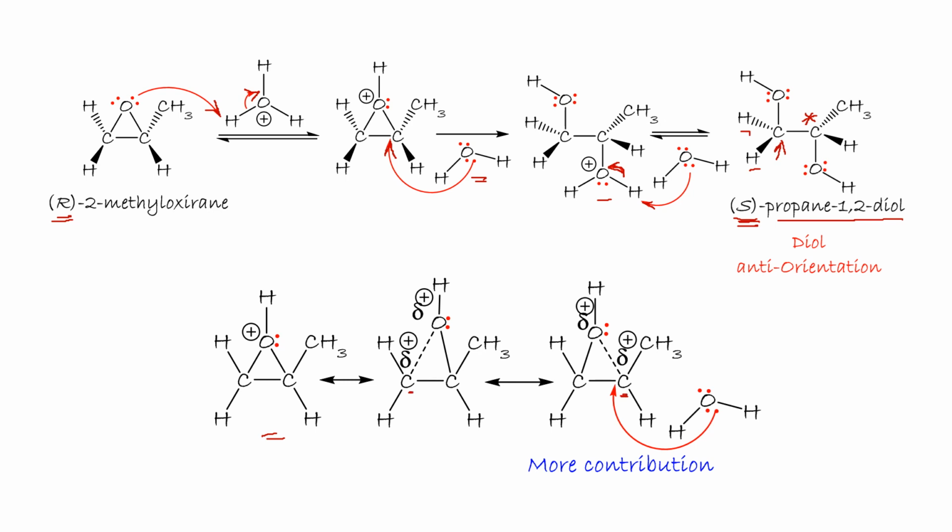Of course, as we know, the tertiary carbocation is more stable than the secondary carbocation, more stable than the primary carbocation. Here we have a primary carbocation, and here we have a secondary carbocation, so the contribution of the secondary will be more favorable in the resonance structure, and the oxygen nucleophile from water will attack on this carbon.